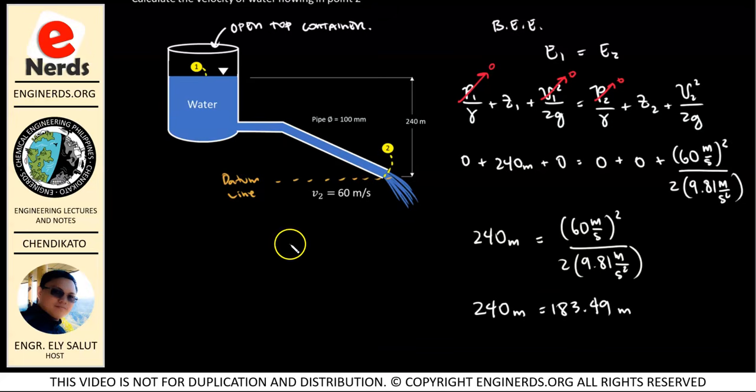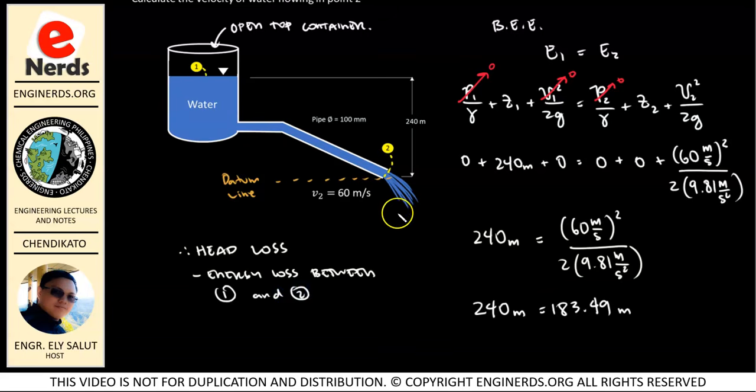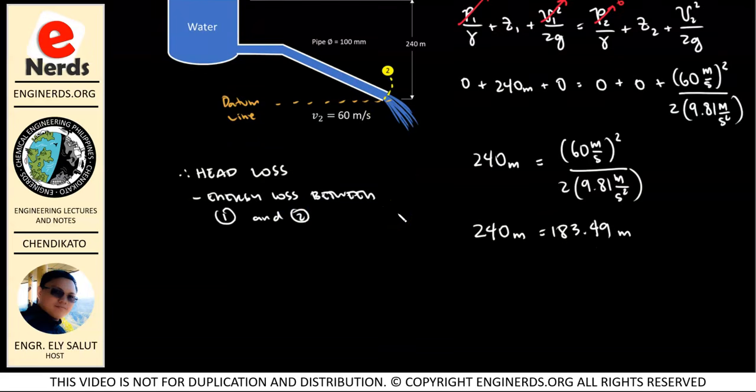And we call that the head loss. So, the head loss is the energy loss between point 1 and point 2. Okay, so yun ang ibig sabihin yan, guys. Merong nawala na energy. Kasi dapat equal sila, no, according to Bernoulli's energy equation.